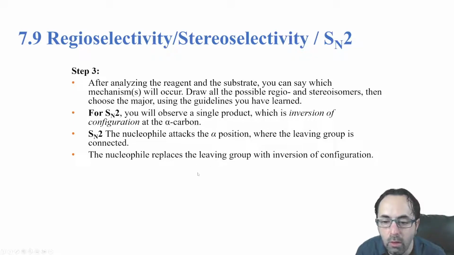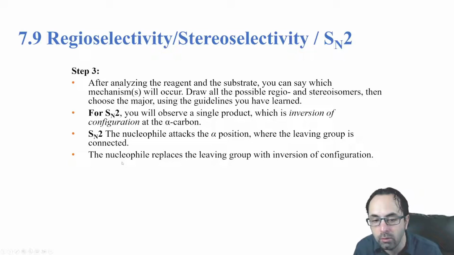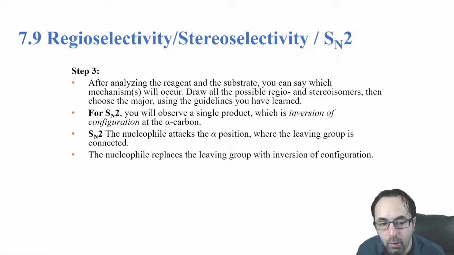The nucleophile replaces the leaving group with an inversion of configuration. So that's something to keep in mind too. For SN2 reactions, you're going to get the stereochemical inversion, and you do have to write it the correct way. If you have an SN1 reaction, remember you're going to have a racemic mixture of the products, slightly favoring the stereochemical inversion, but mostly pretty 50-50.